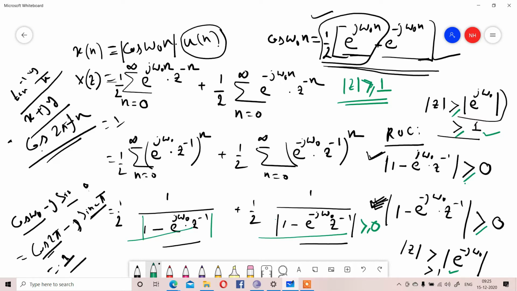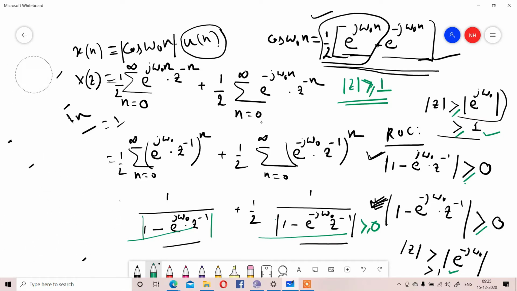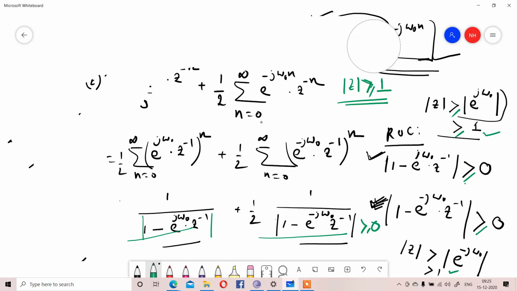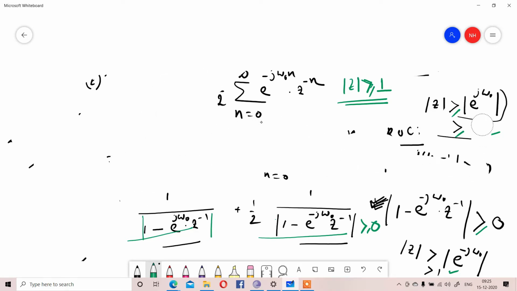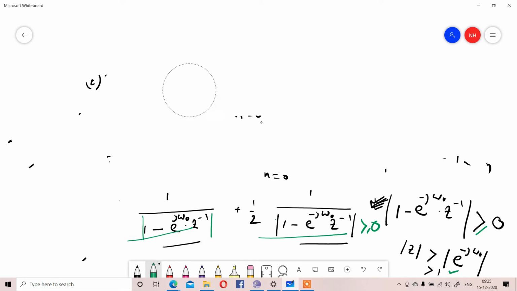You can solve it like this. Just here should be a half.